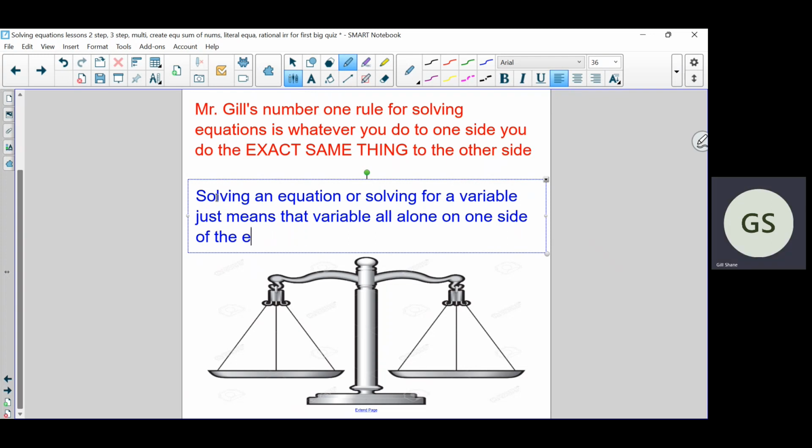Now, again, use your own words. I'm typing this out in a lot of words. If you can shorten that up, shorten it up. So that is my definition of solving for a variable.